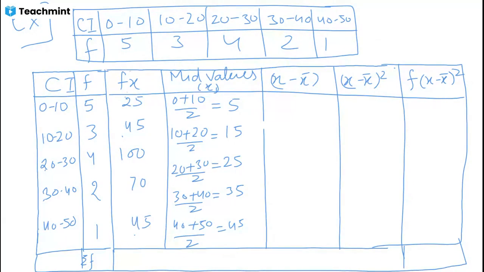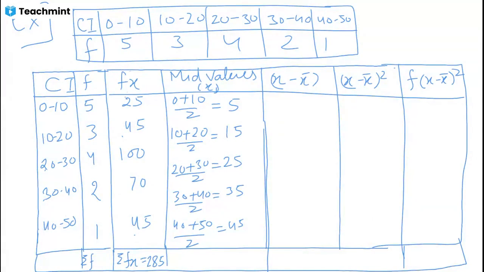Okay. So now let us find the sum 25 plus 45 plus 100 plus 70 plus 45. So we have summation f into x, we have 285. Now let us find x minus x bar.